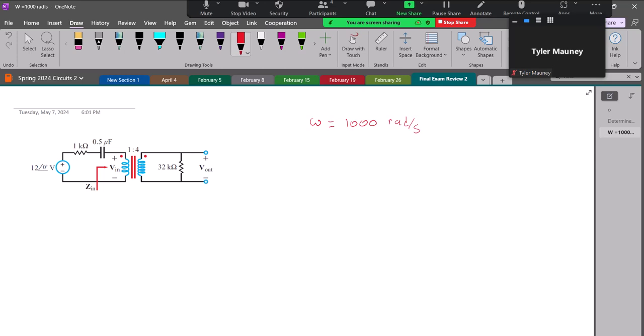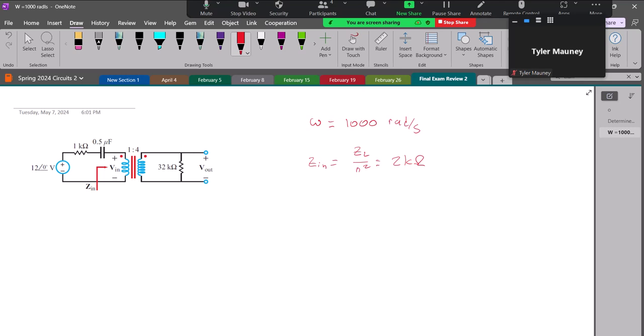And the dot is still on the same side. So Zn is going to be the same as Z load over N squared. We got that it was 2 kiloohms last time, and it still is.